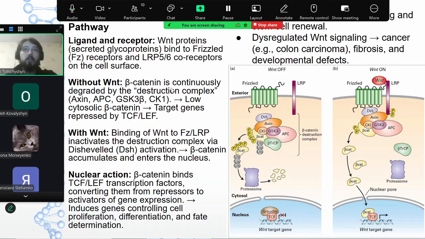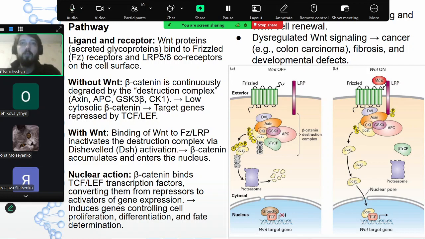Without Wnt, beta-catenin is continuously degraded by the destruction complex. So it's pretty interesting. So the cell continuously synthesizes beta-catenin, and it is continuously degraded. So the signal does not go further because you destroy basically beta-catenin.